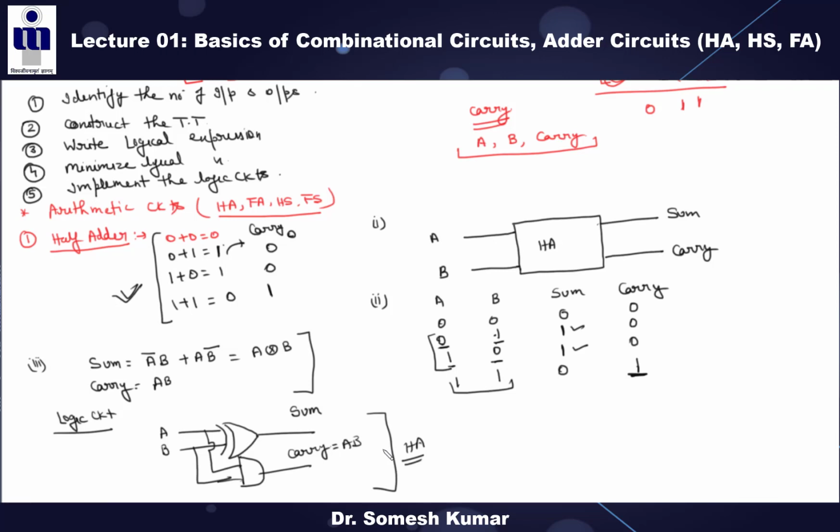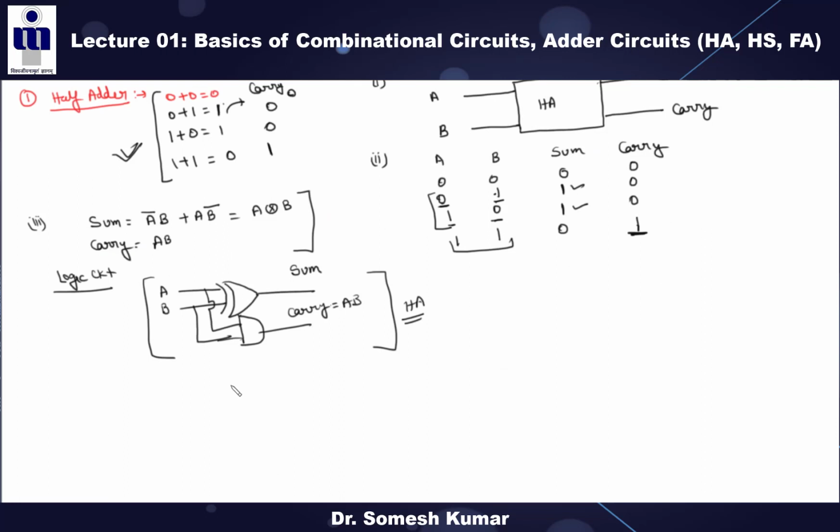But how many minimum number of NAND gates are required to implement this half adder? So basically, see, this is your XOR gate, and for the XOR gate, how many NAND gates are required? 4. And this is your AND gate.